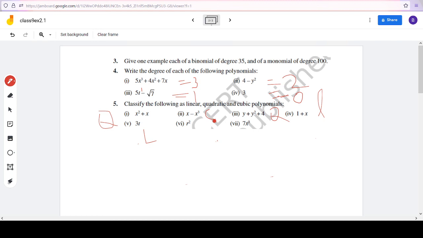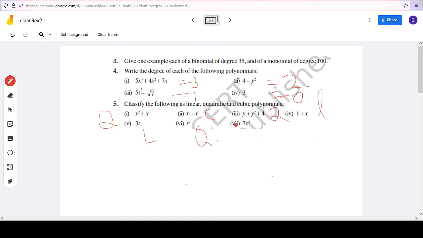Generally we have discussed that a, b, c are treated as constants, and x, y, z are variables, but even p, q, r, s, t may also be treated as variables in many cases. In some questions it will be clearly defined, or we can find out which one is a variable and which one is a constant. So here r is a variable, so r square implies that this is a quadratic, degree 2 polynomial.